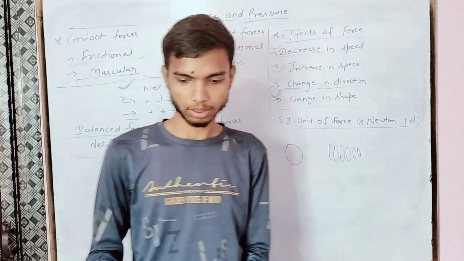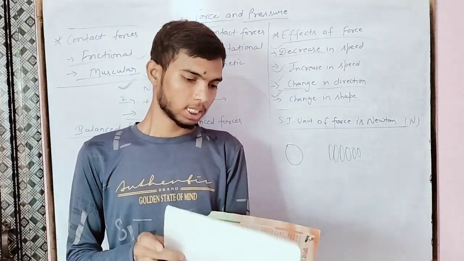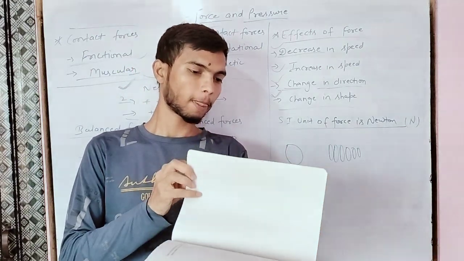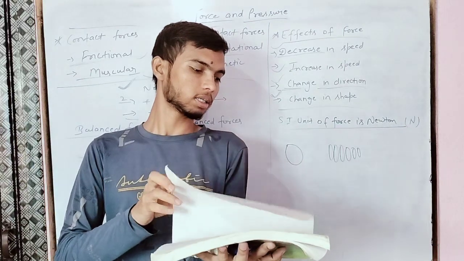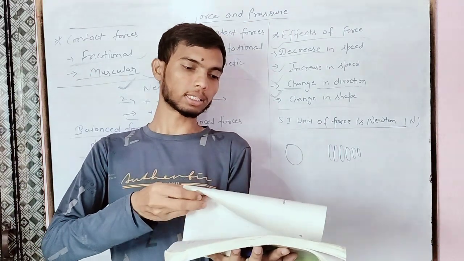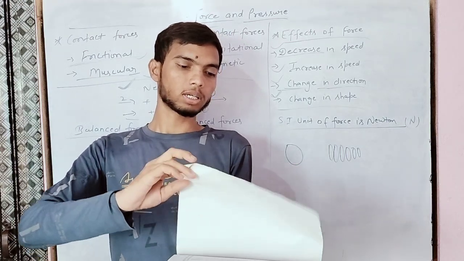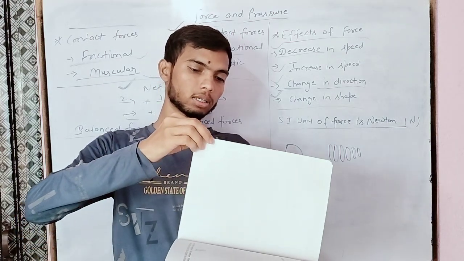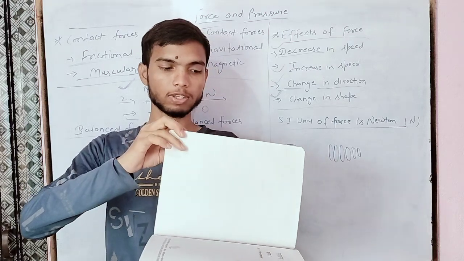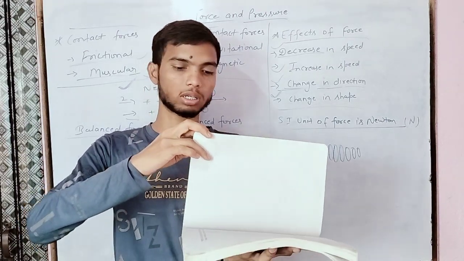Let's take a second example. I can roll this page like that. Let's say the shape of this page is a square.